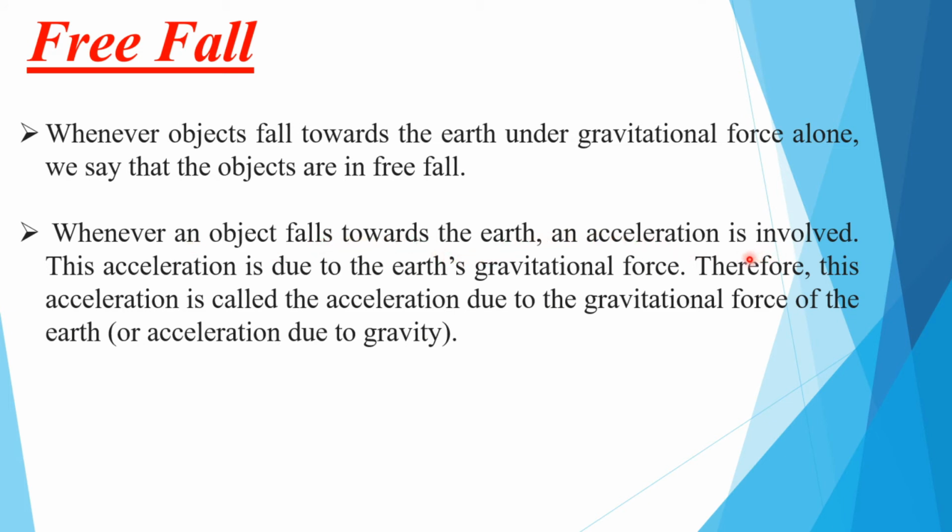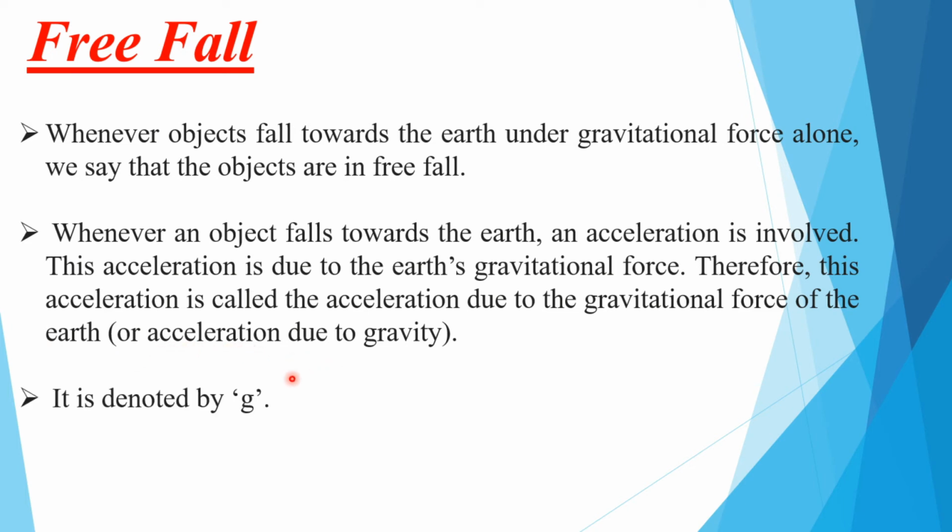So the velocity will keep on increasing. This acceleration is due to the Earth's gravitational force. Therefore, this acceleration is called the acceleration due to the gravitational force of the Earth, or we can call it acceleration due to gravity.